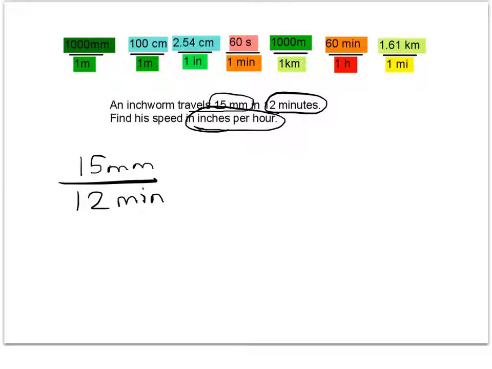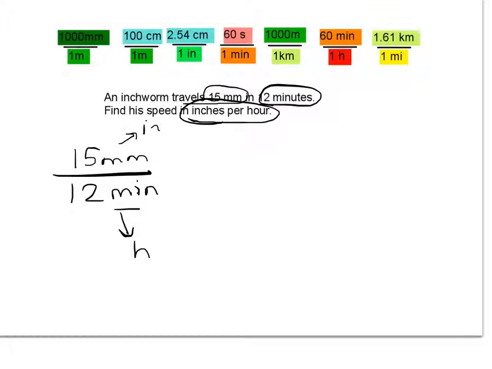So we can see that millimeters needs to be converted to inches, and minutes is going to need to be converted to hours. So we're going to start with the millimeters, and we're going to say times a fraction.